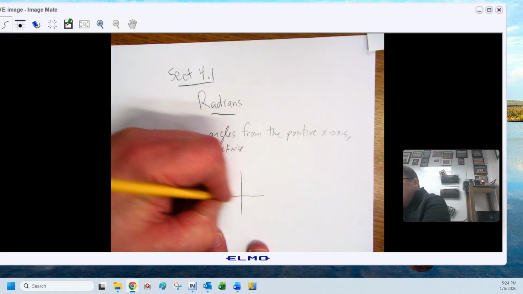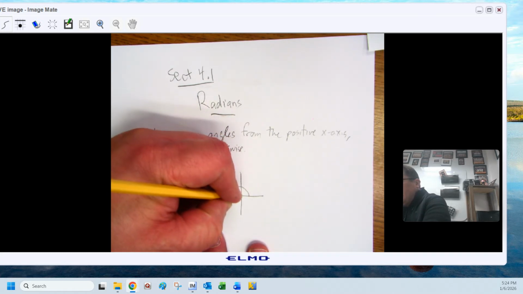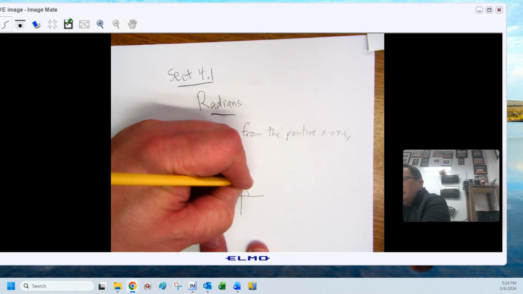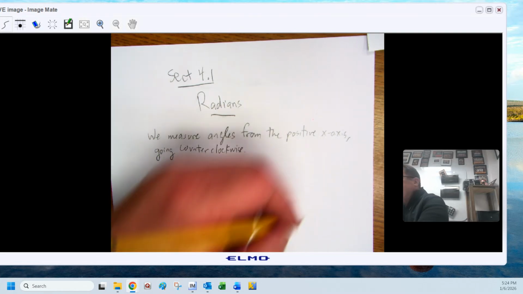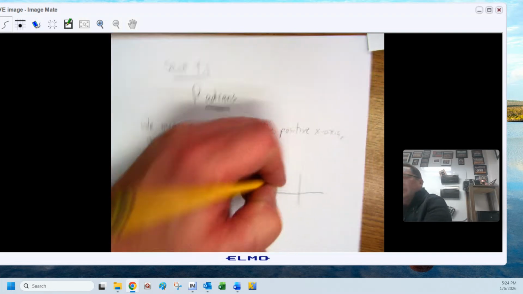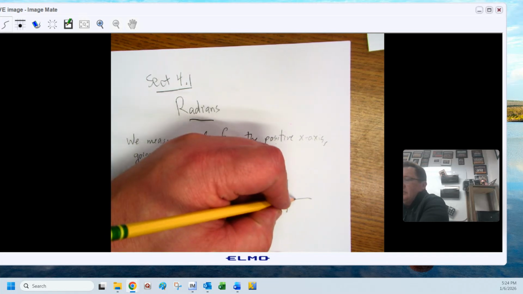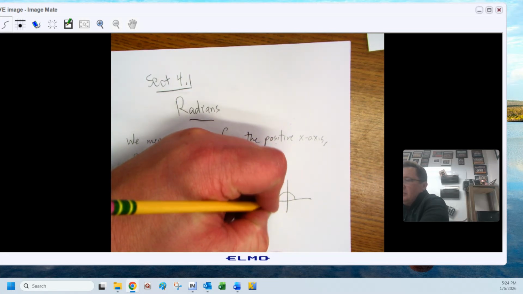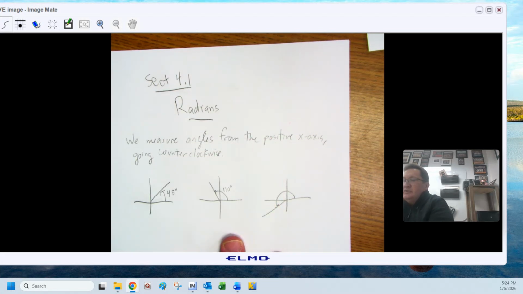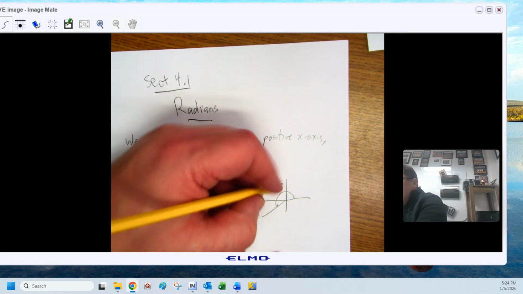So this one might be 110 degrees. Sometimes we have more than 180, and you might not be used to this. So this might be 90, 180, and then say 210 degrees maybe.